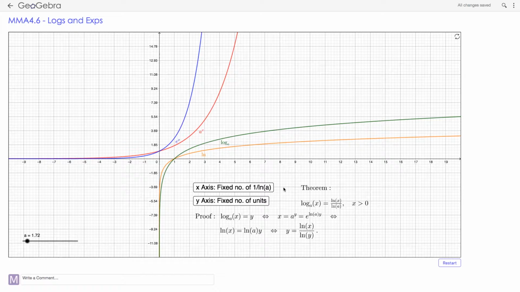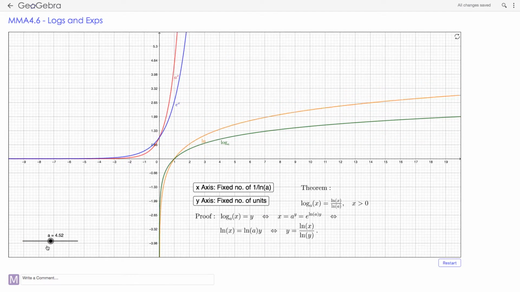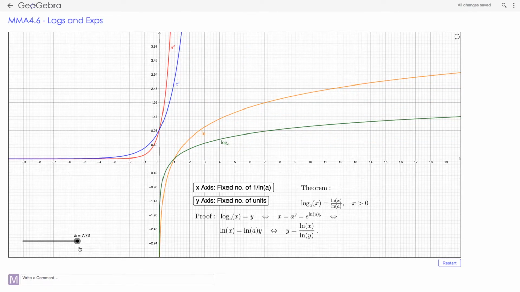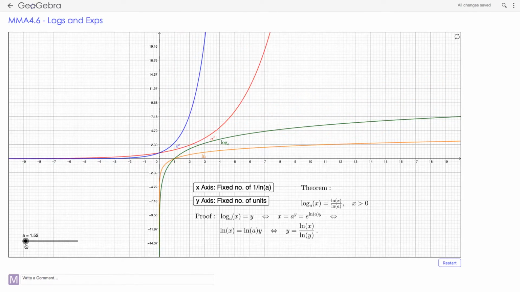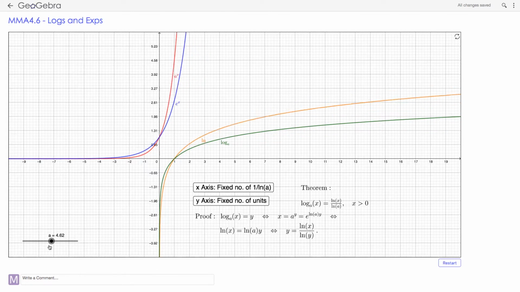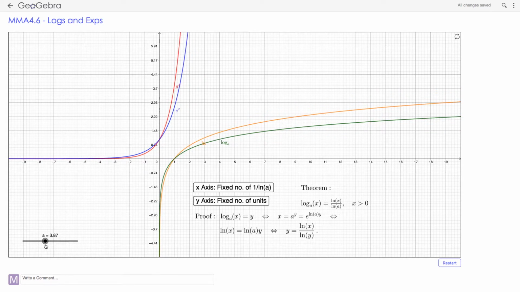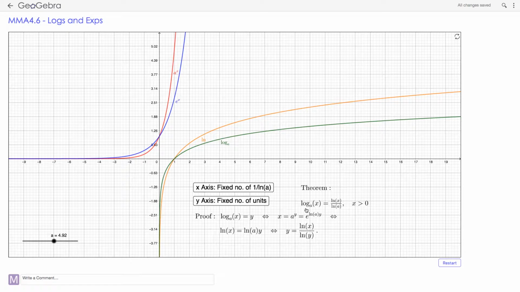Now one can do the same thing for the y-axis. Here you can see that I change my y-axis and the logarithm stays, right? So why is that? It's because log_a of x equals ln x over ln a.